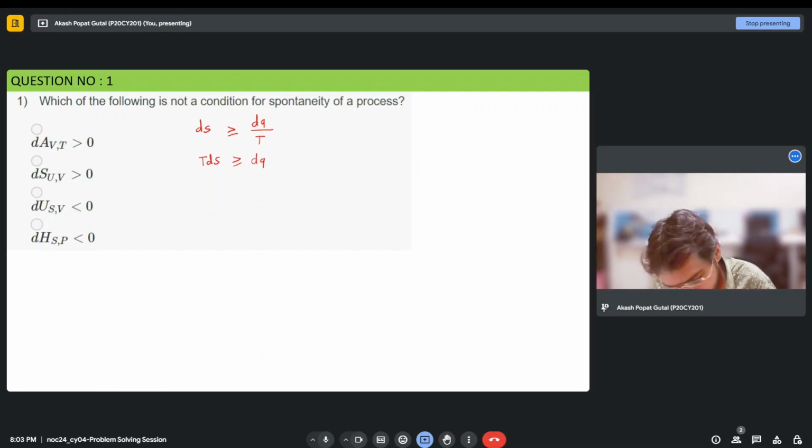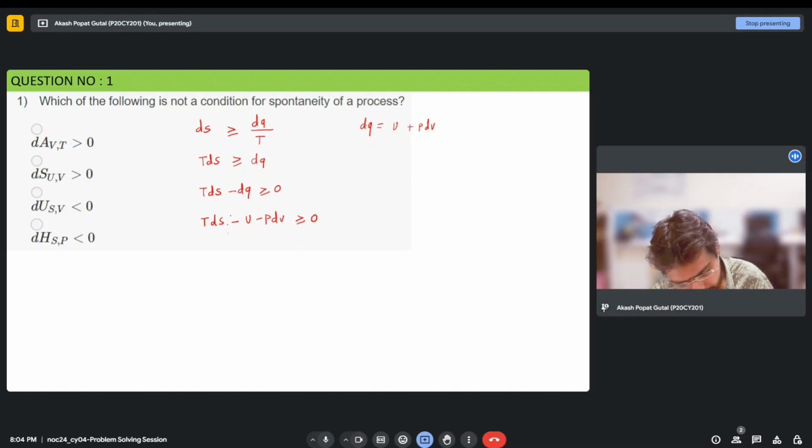If we take dq to the left hand side, it will give us TdS minus dq is greater than or equal to 0. If we replace dq, we know dq is equal to dU plus pdV. Similarly, we can write TdS minus dU minus pdV is greater than or equal to 0.